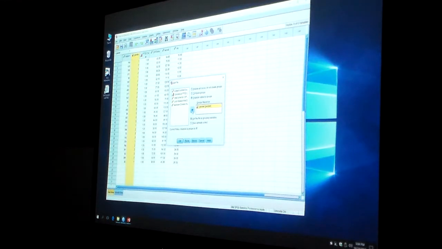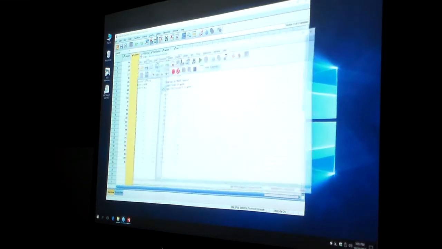This is going to split my data set up, so any analyses that I run, it's going to run one set for men and another set for women. This is helpful because when we're screening our data, we want to look at distributional assumptions in men and in women. Instead of splitting these into different data sets, we can just tell SPSS, run these two groups differently.